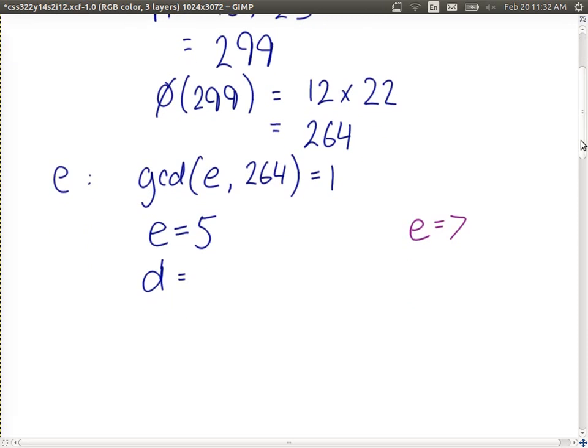Everyone found D? 53. Why 53? 53 and 5 are relatively prime in the totient of N. That is 5 times 53 mod 264 gives us 1. D equals 53 in that case. Why?